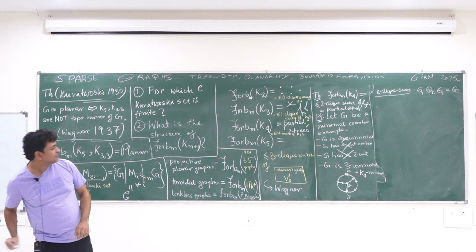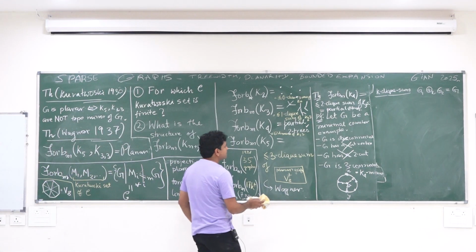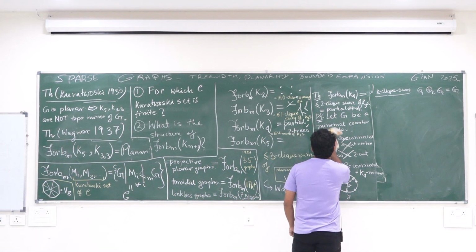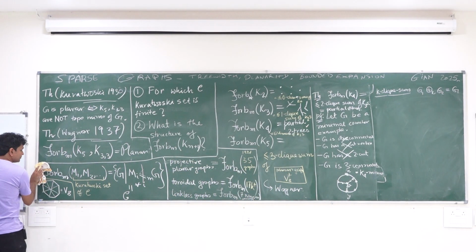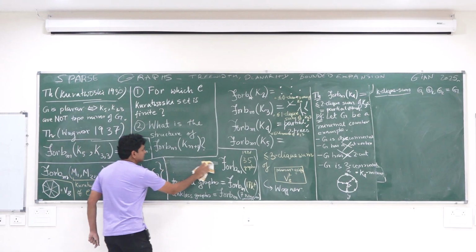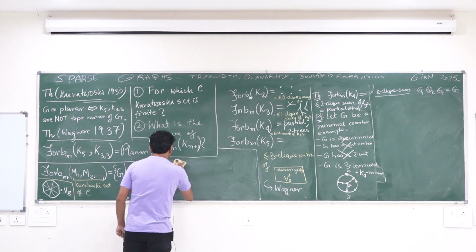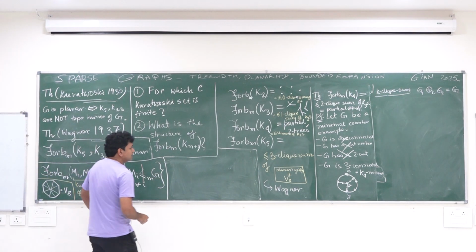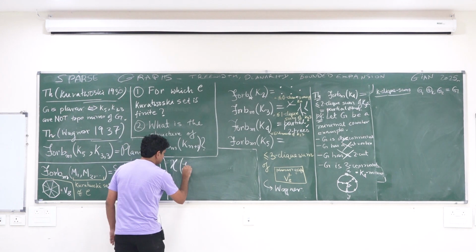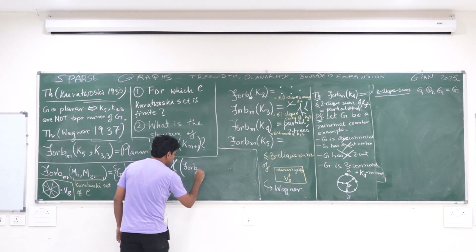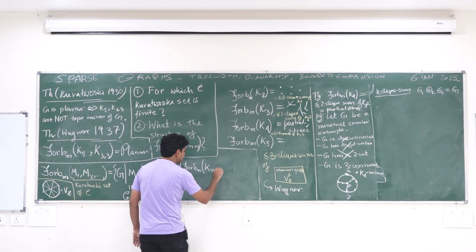So, the chromatic number of forbidden minor K n plus 1.